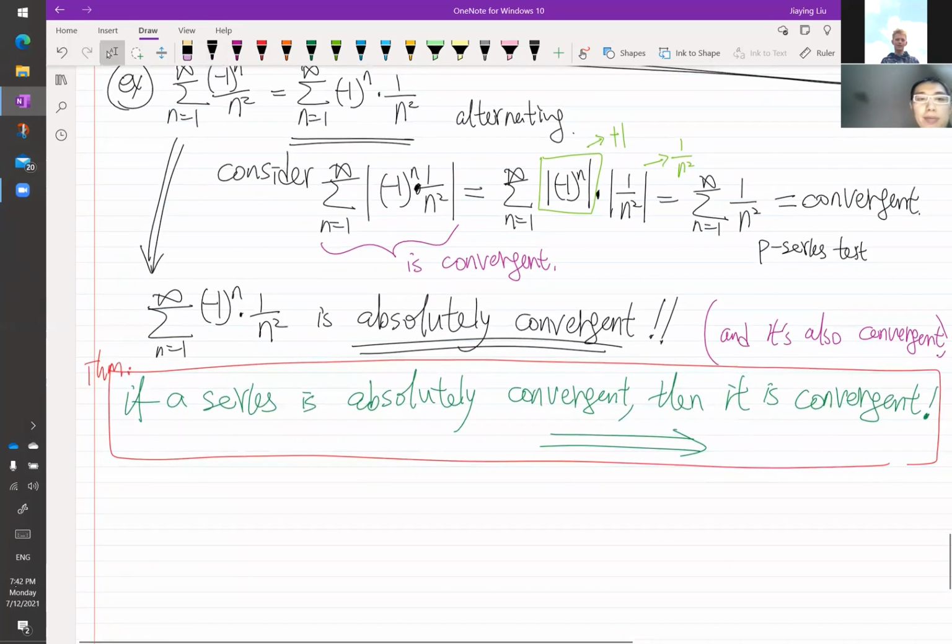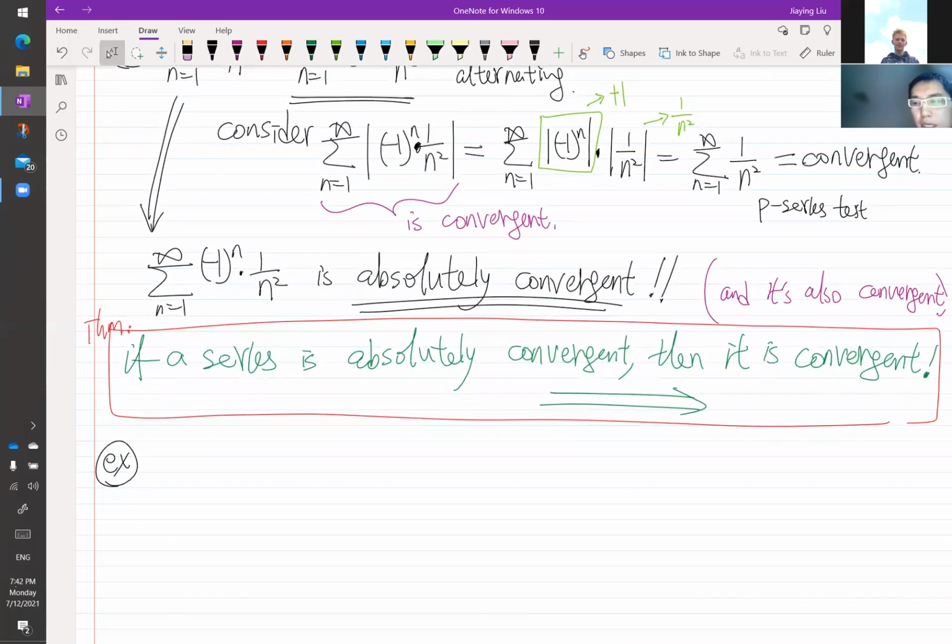Now, let me give you a couple more examples. So the next example, let's consider this series, -1 to the n plus 1 times 1 over n. So the previous one, we had a 1 over n squared. But here, I'm beginning with just 1 over n, for n going from 1 to infinity.